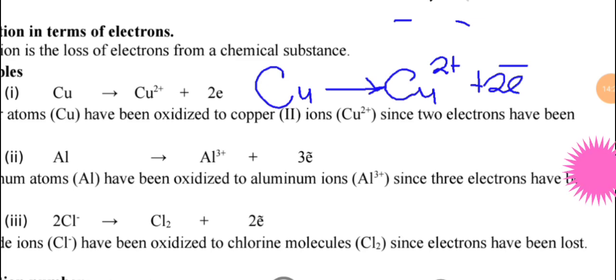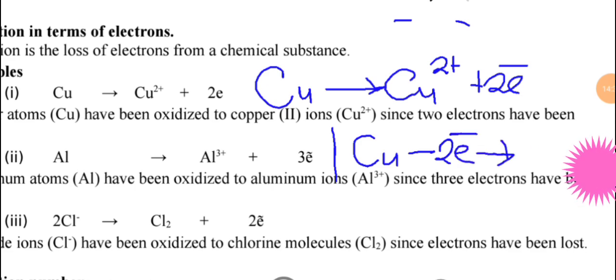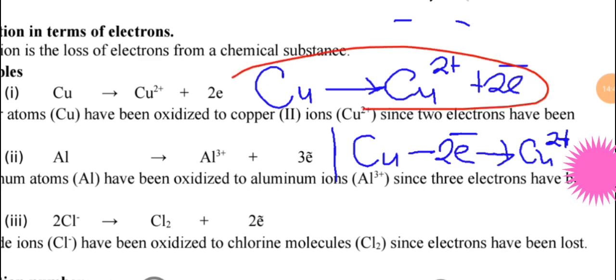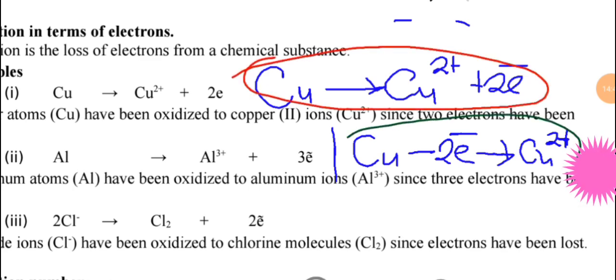This can also be presented like this: we can have copper minus 2 electrons, and we have copper 2 ions. This presentation is the same as the one down here. The minus I have put here indicates that we are subtracting 2 electrons from copper. So when you see this presentation in your multiple choice, don't say the presentation of the half equation is wrong. No, you need to be smart.